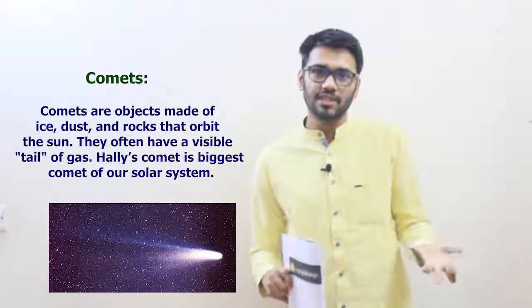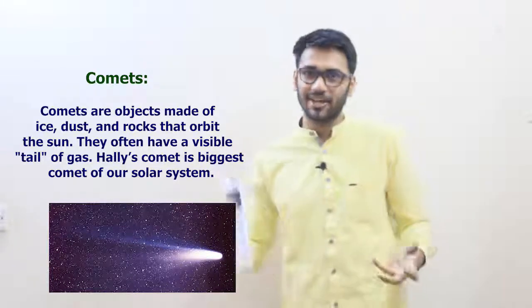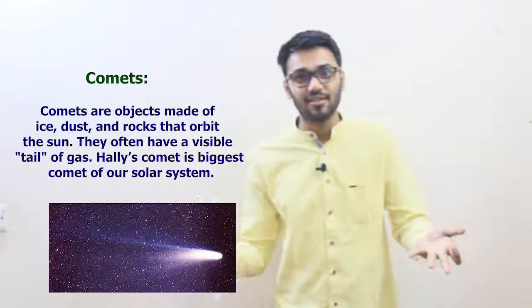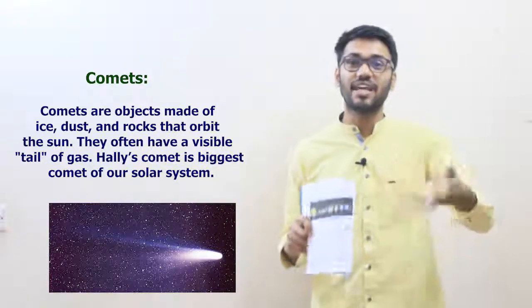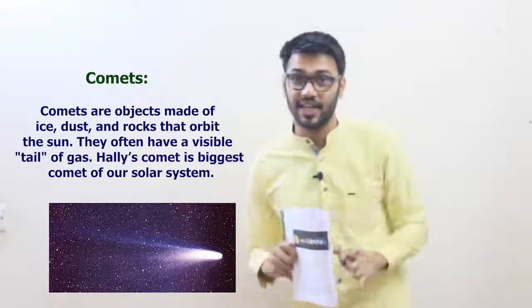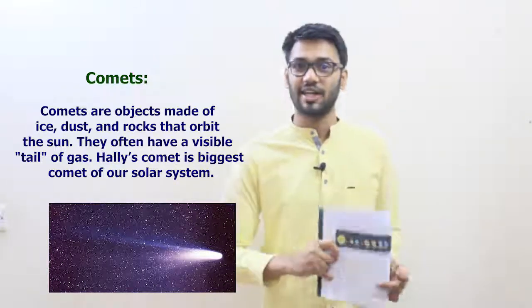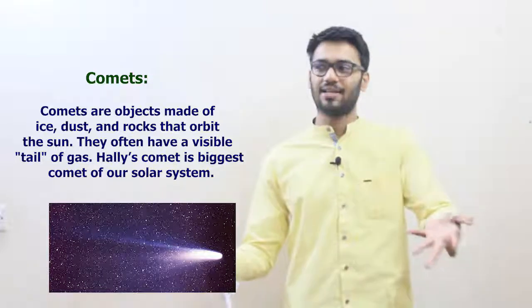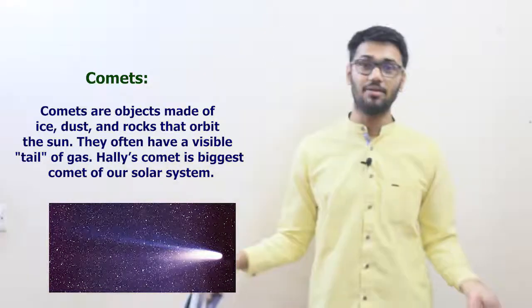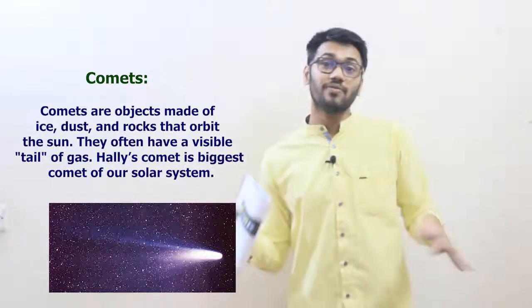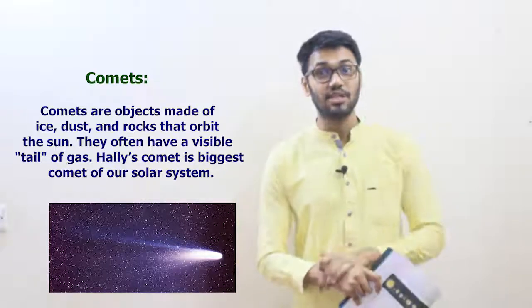Do you know what a tail is? The dog has got a tail, right? In our word we call it a tail. The kite has got a tail. The dog has got a tail. The cat has got a tail. As human beings, we don't have a tail, but most of the four-legged animals have got a tail.